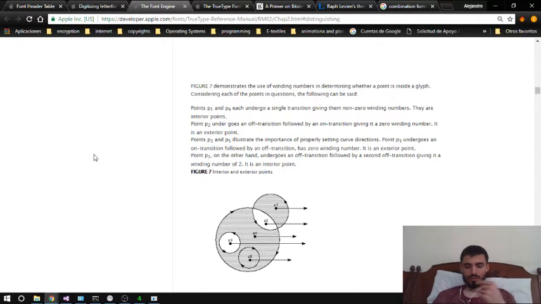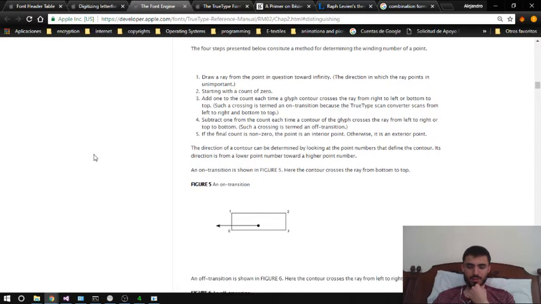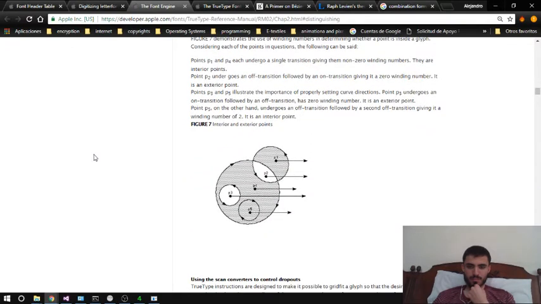So if we go left to right, it's off. If we go right to left, it's on, and if bottom to top, it's on. And if it's top to bottom, it's off. So this is bottom to top. So for example, P1 is bottom to top.